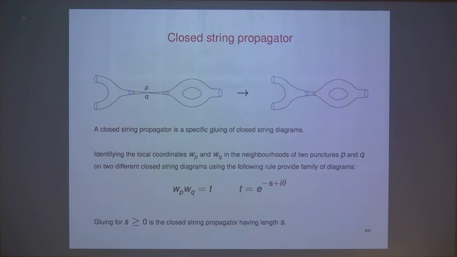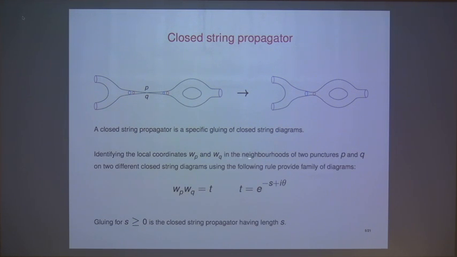Now, what is a closed string propagator? A closed string propagator is a specific gluing of two closed string diagrams. String field theory glues two closed string diagrams by identifying local coordinates in the neighborhood of two punctures on the two closed string diagrams using a special rule. So assume that you have two punctures P and Q. First of all, you have to choose local coordinates w_P and w_Q.